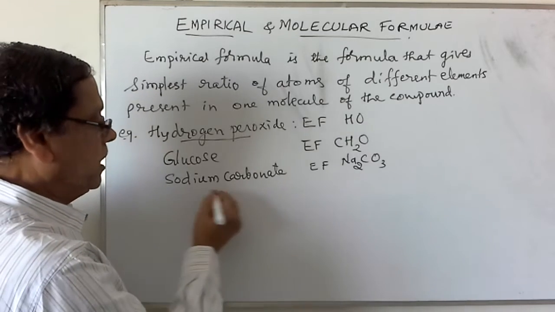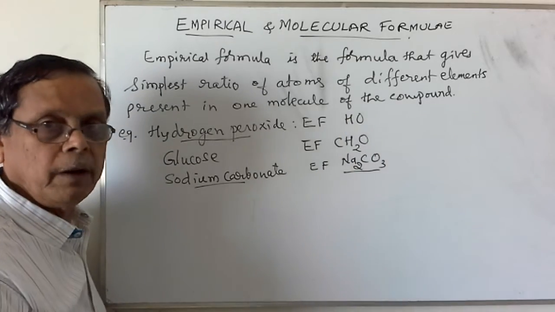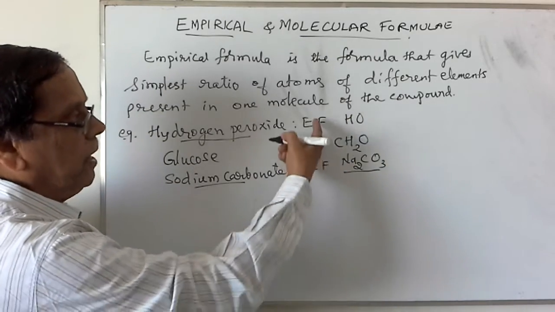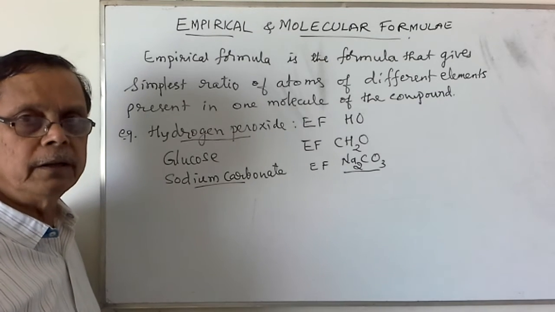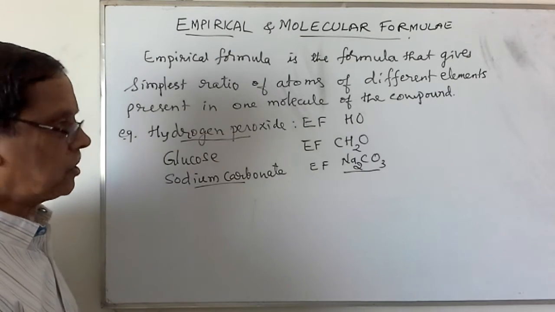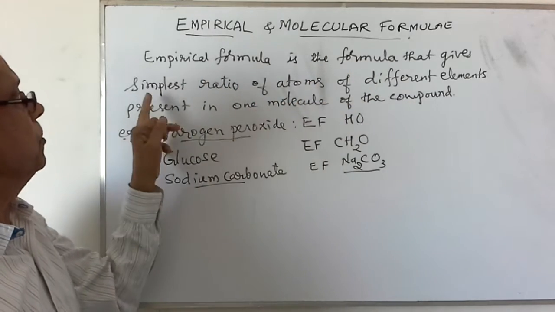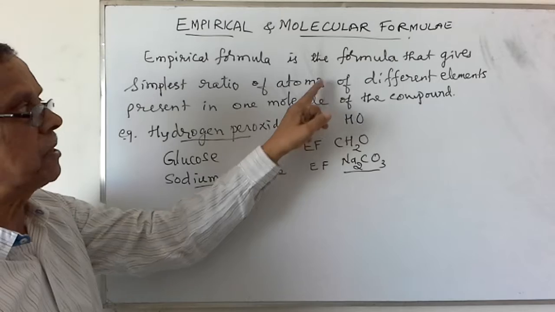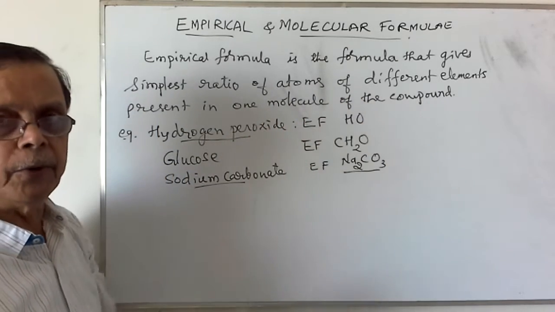But actually in case of sodium carbonate, this itself is the molecular formula. So we have some relationship between the empirical formula and molecular formula that I will give afterwards. So first remember, empirical formula is the formula that gives the simplest ratio of atoms of different elements present in one molecule of the compound.